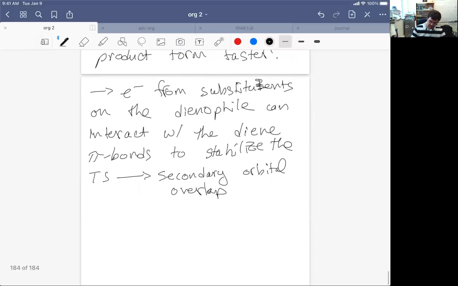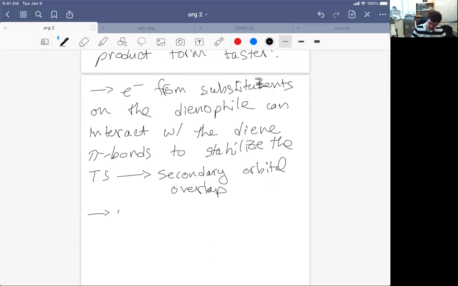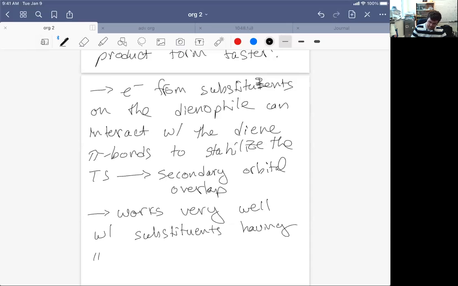Now, this works very well with substituents having pi bonds.